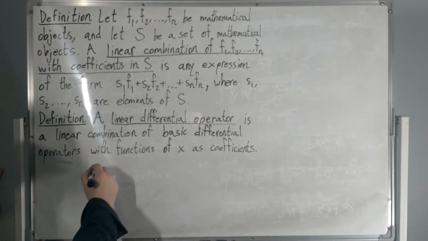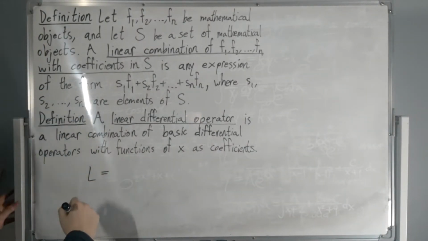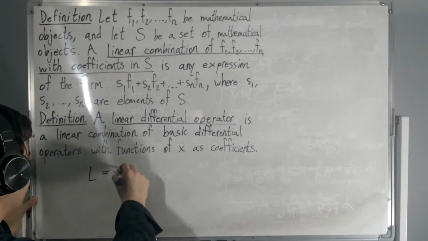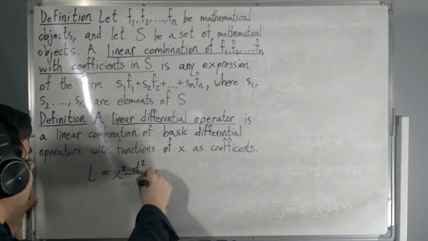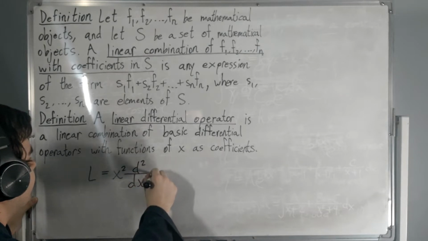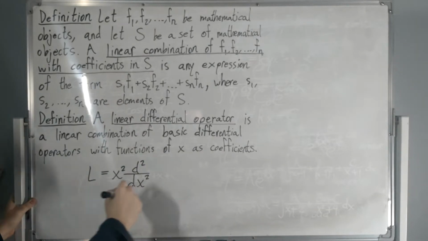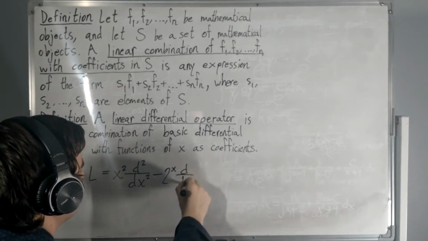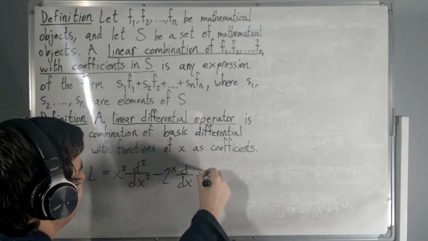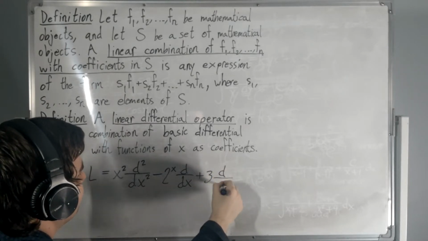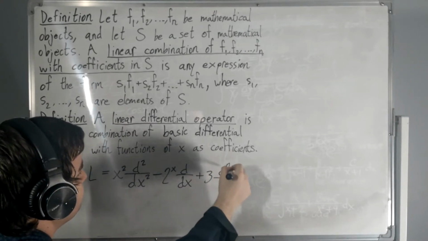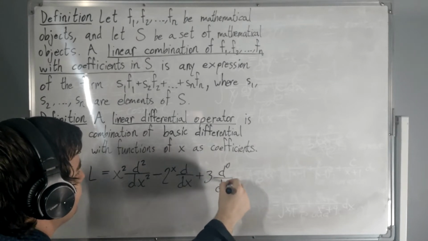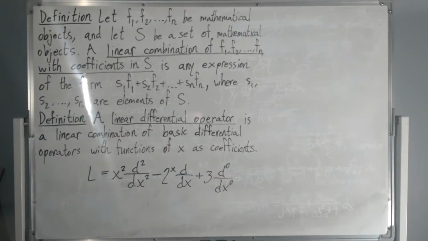So this might look like L equals x squared times the second order basic differential operator, minus 2 to the x times the first order basic differential operator, plus 3 times the zeroth order basic differential operator.